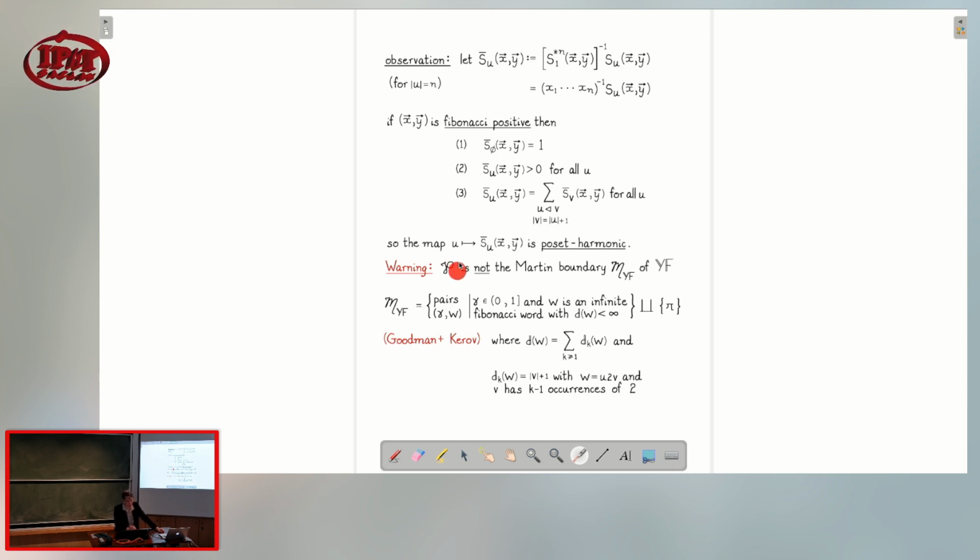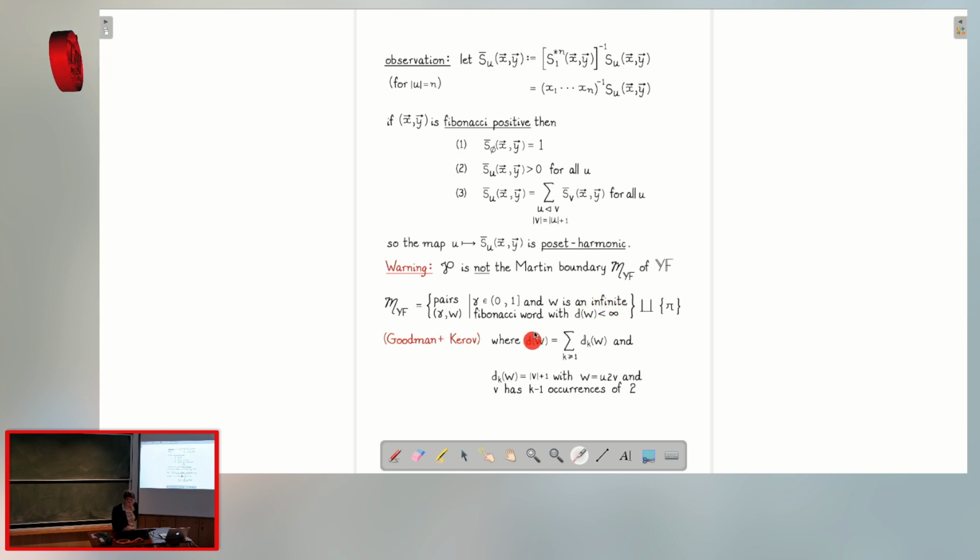But it is not the Martin boundary of the Young Fibonacci lattice. This was studied by Goodman and Kerov in 1997, and per their understanding, the Martin boundary can be seen as pairs (gamma, w), where gamma is some parameter between 0 and 1, and w is an infinite Fibonacci word with some kind of convergence property.